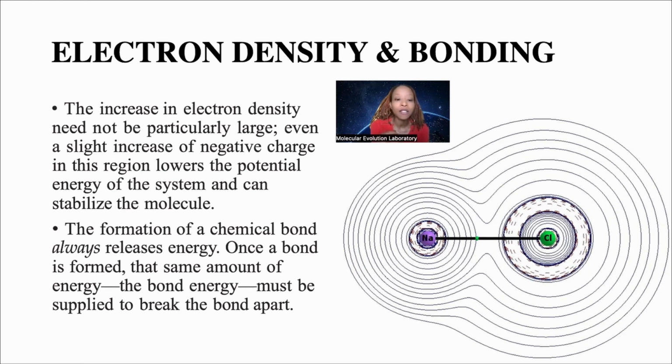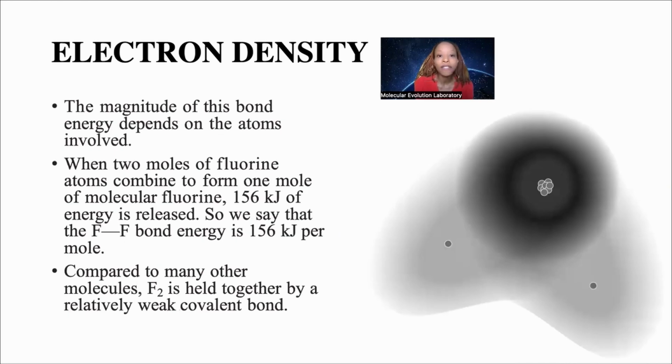Once a bond is formed, that same amount of energy, the bond energy, must be supplied to break the bond apart. So the same amount of energy that is used to form the bond is the same amount of energy that is used to break the bond apart. The magnitude of this bond energy depends on the atoms involved.